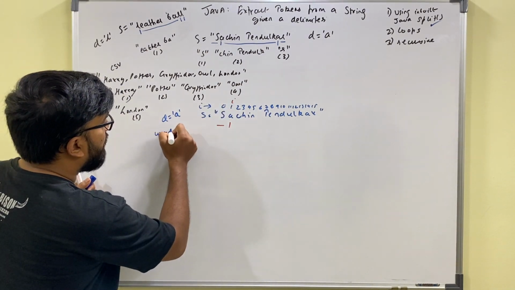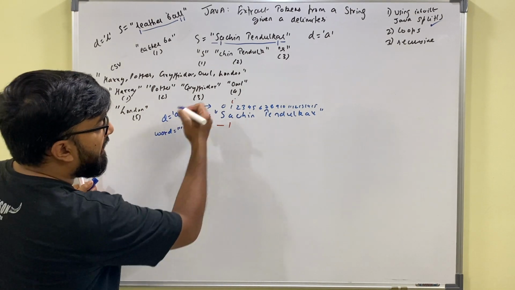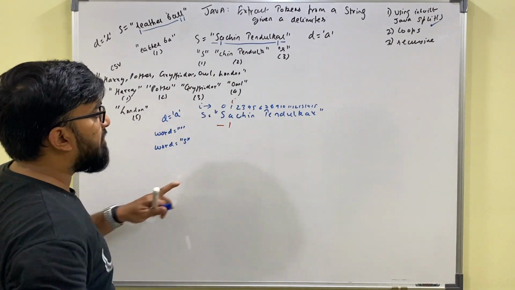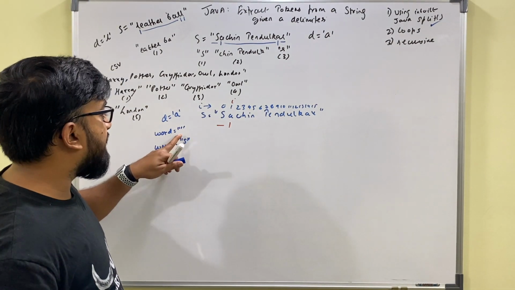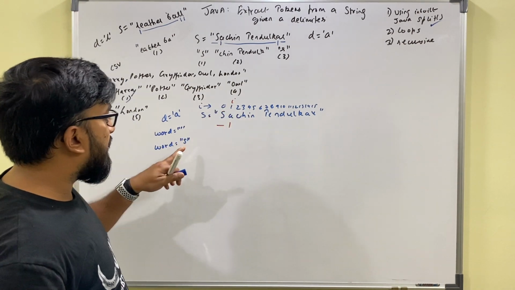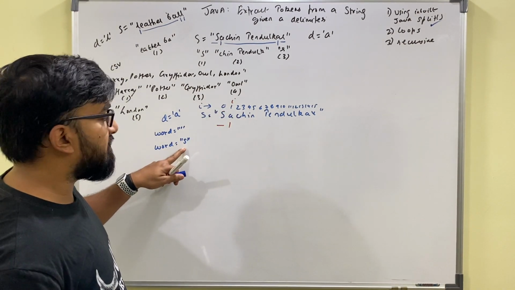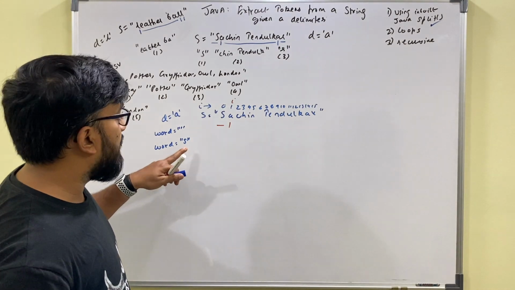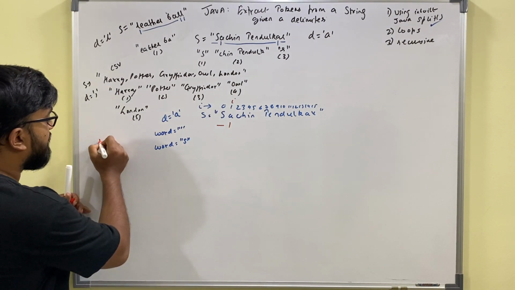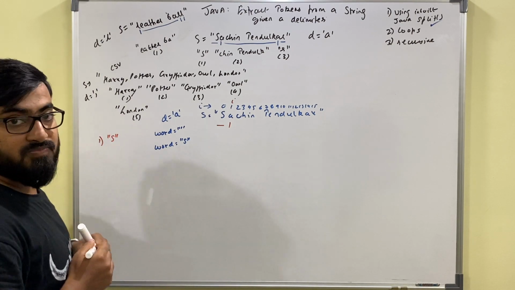I start with a word equal to blank before I start iterating, and I accumulate characters till I find my delimiter. The moment I find my delimiter, my first word is found, which is s.